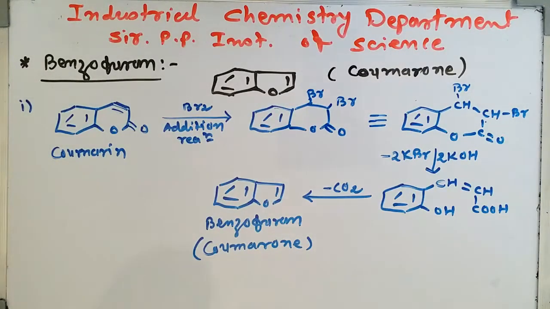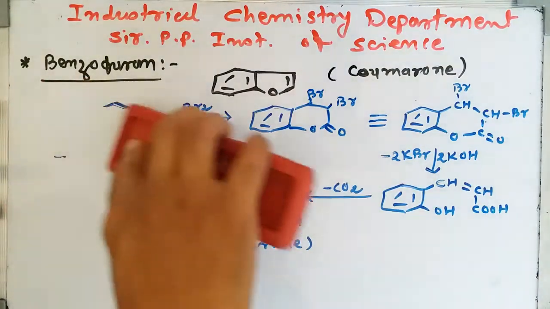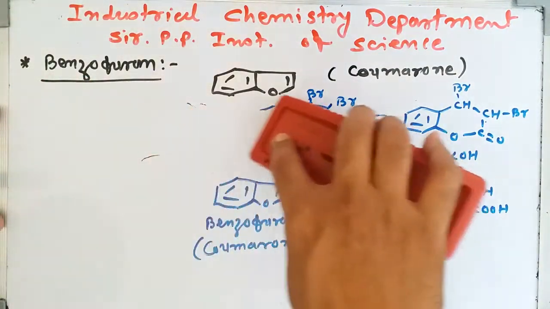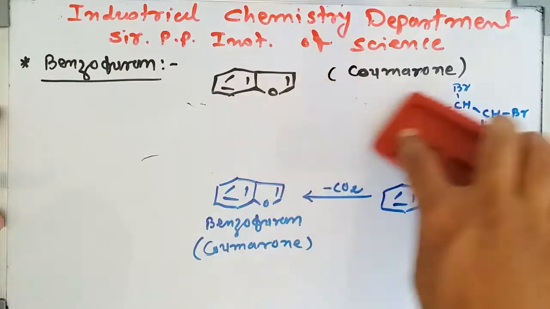Now we have the second route for benzofuran. It is from salicylic acid.